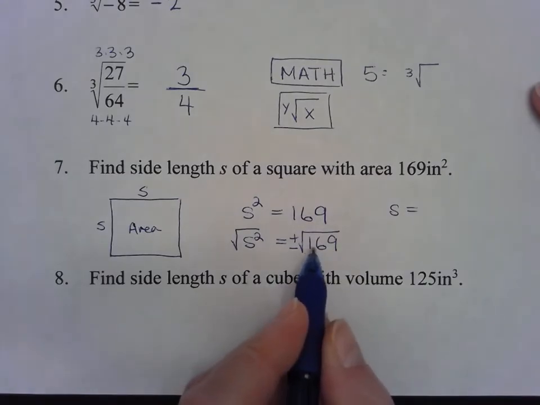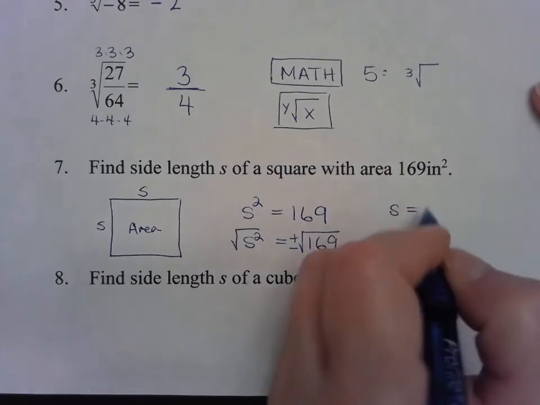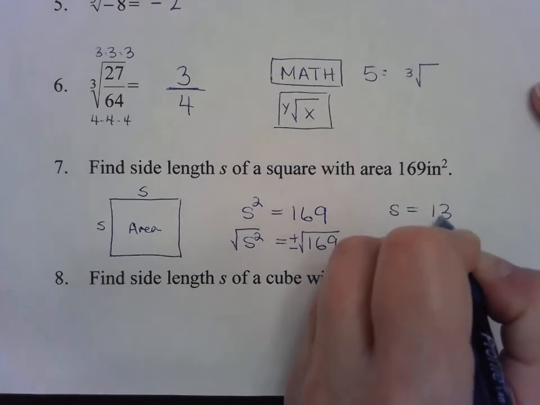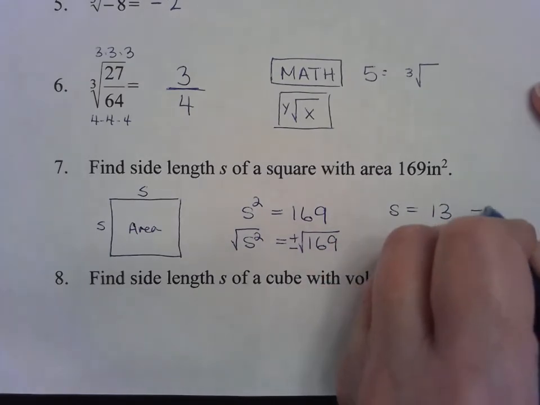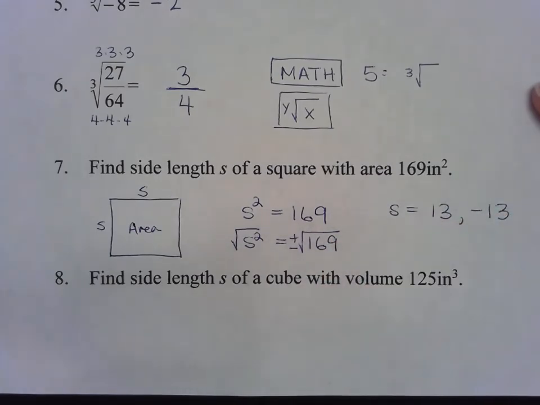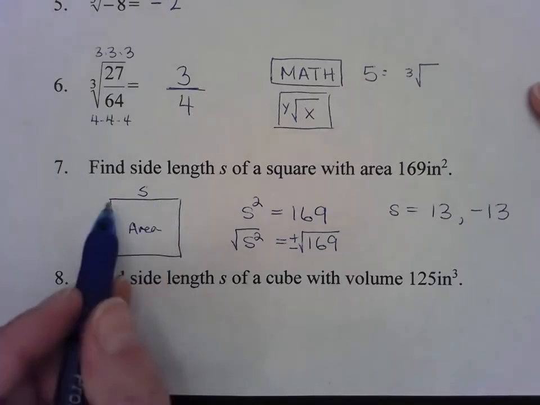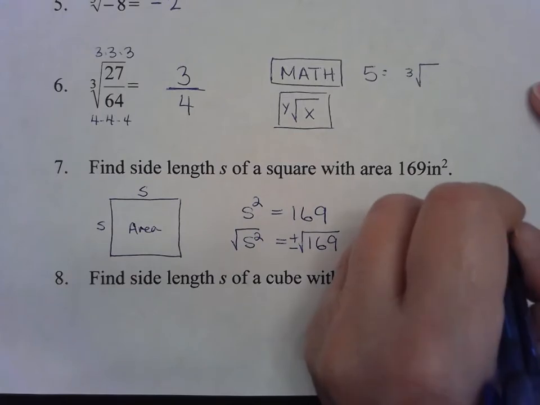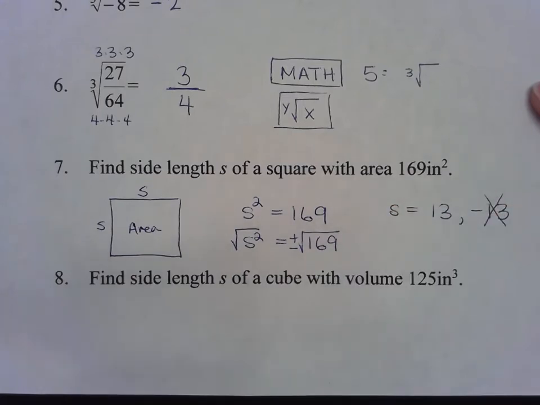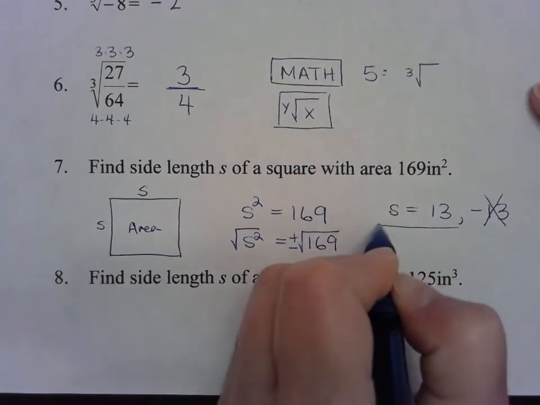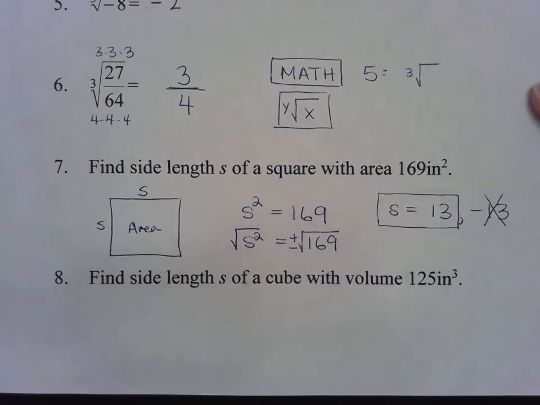The square root of 169 is 13. So the positive answer would be 13, and the negative result would be negative 13. But since this is a measurement, the negative doesn't make sense. So our best answer would be 13.